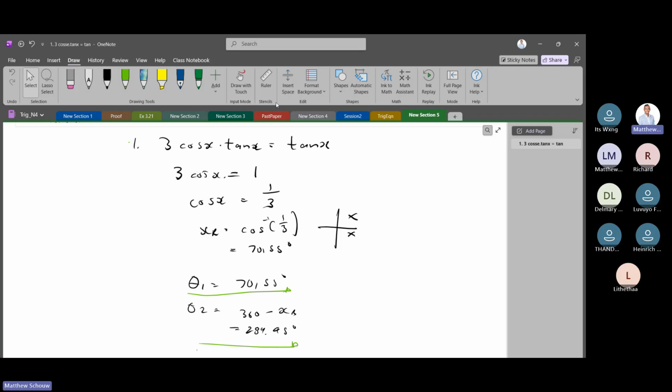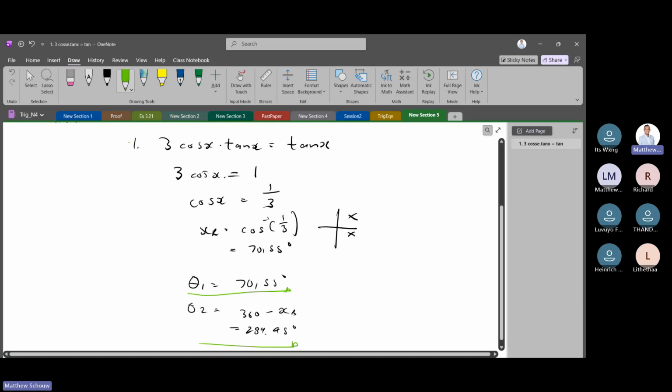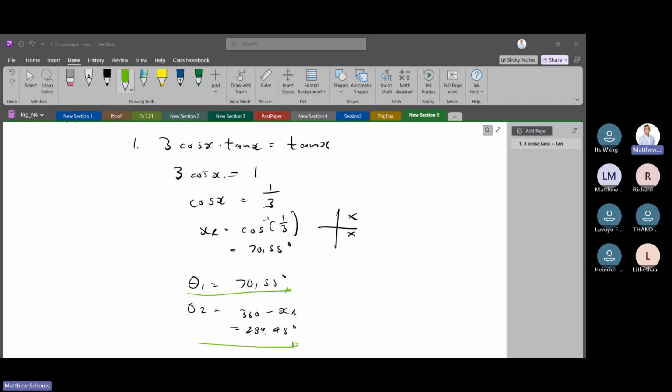Okay, great. But now the issue is, like I said to you, because you have two ratios, unfortunately you might have more answers for this particular equation. We already have two answers, but there might be some more.